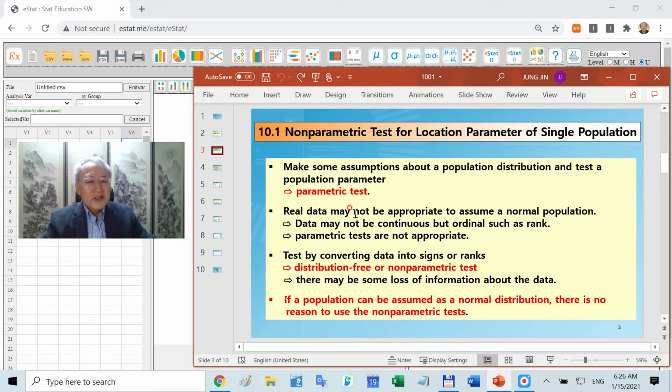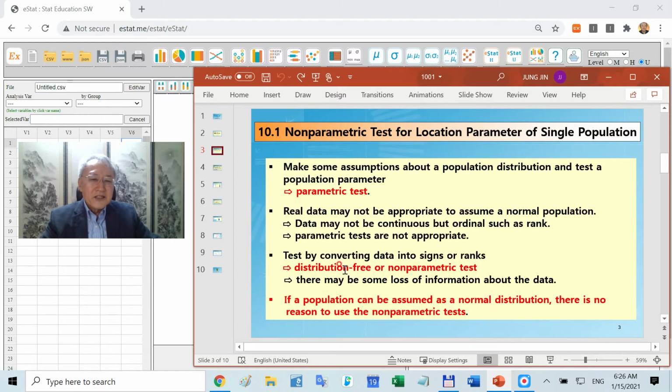But sometimes real data may not be appropriate to assume normal distribution because data may not be continuous. Sometimes it can be ordinal, or maybe data size is too small and applying parametric test is risky.